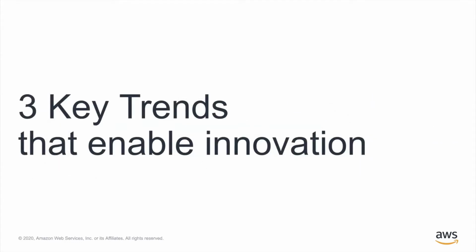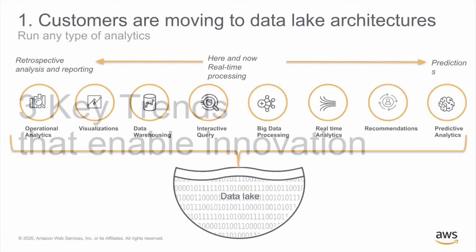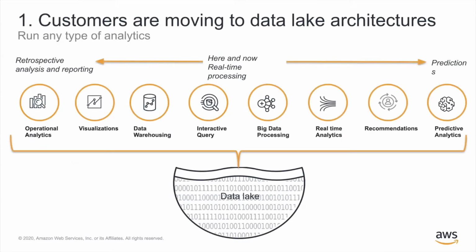And how exactly are companies modernizing their architectures to fuel business innovation? Well, rather than giving you a long and comprehensive list on this session, I would like to focus on 3 trends. Number 1 is data lakes. We see leading organizations across all industries and sizes moving to data lake architectures.